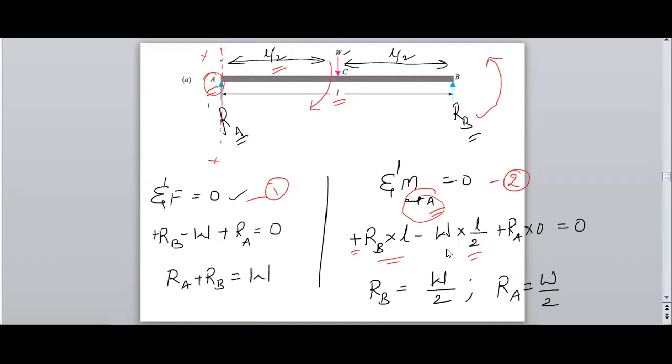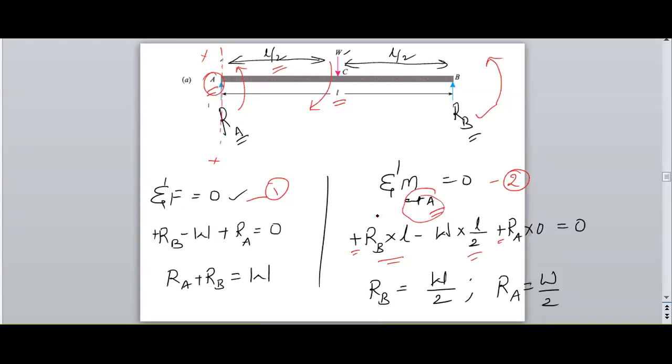Therefore, I consider it negative. The next force is RA, and its perpendicular distance is 0 because it passes through A. Therefore, its moment is 0. That is the second equilibrium condition.